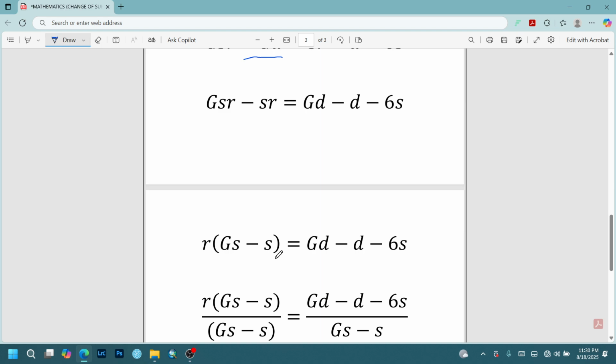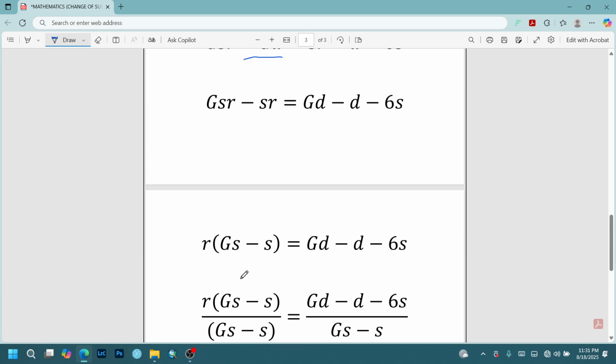So when you are doing your cancellation, or when you are doing some solution in mathematics, and you have two different halves of an equation, whatever you do for the left hand side, you do the same for the right hand side, right? So hence we are going to divide through by JS minus S on both sides of the equation.